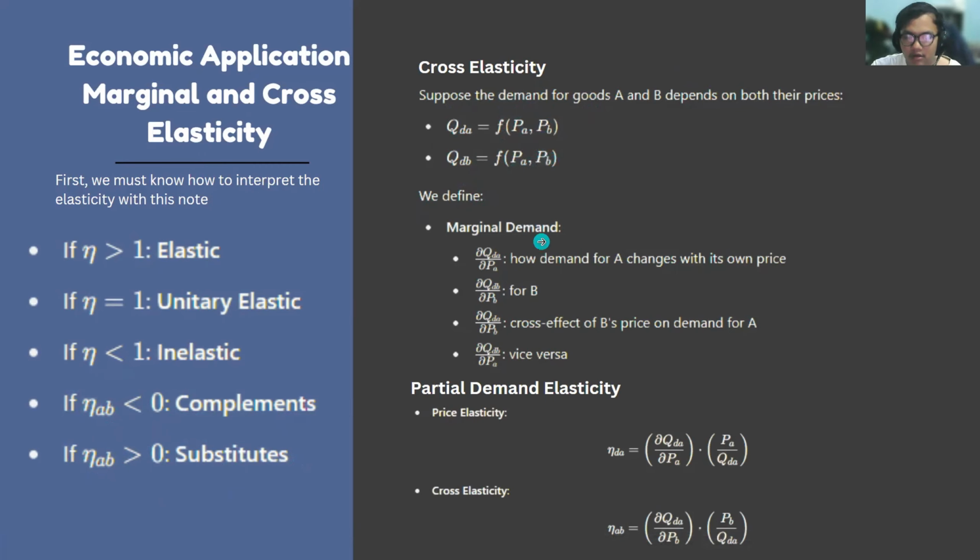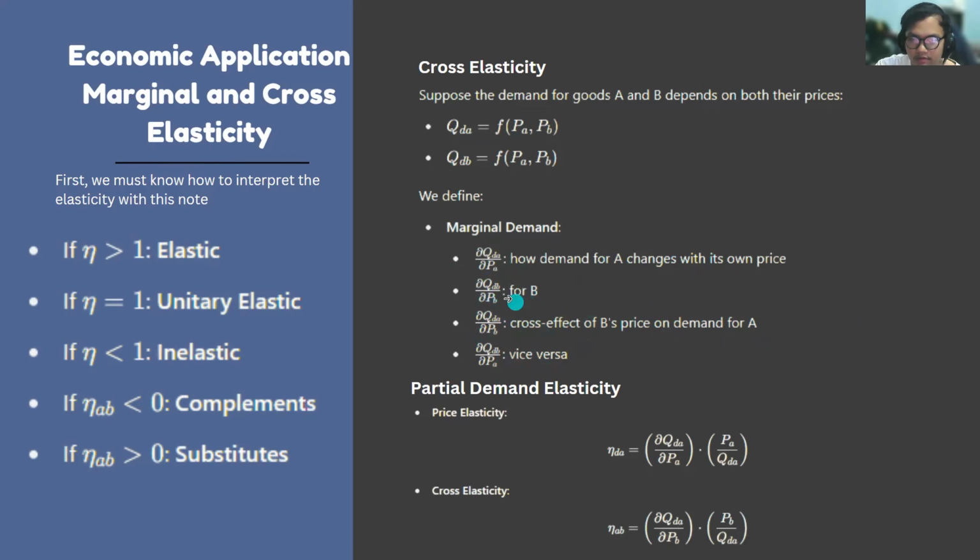We can define the marginal demand: partial QDA per partial PA, how demand for A changes with its price, and partial QDB per partial PB for B. While partial QDA per partial PB is the cross effect of B's price on the demand for A, partial QDB per partial PA is vice versa.